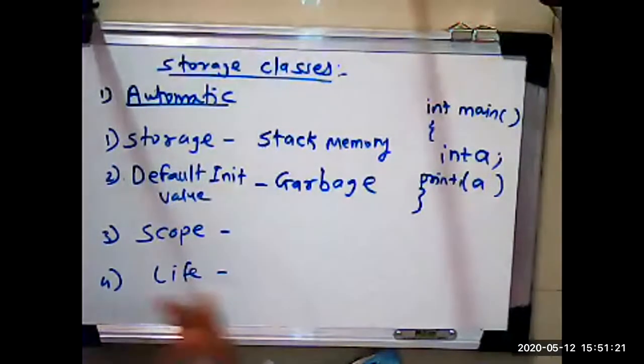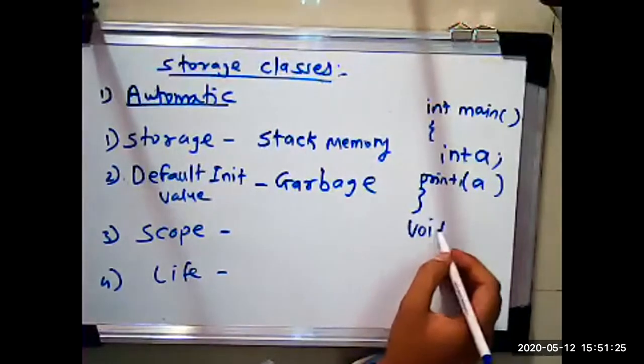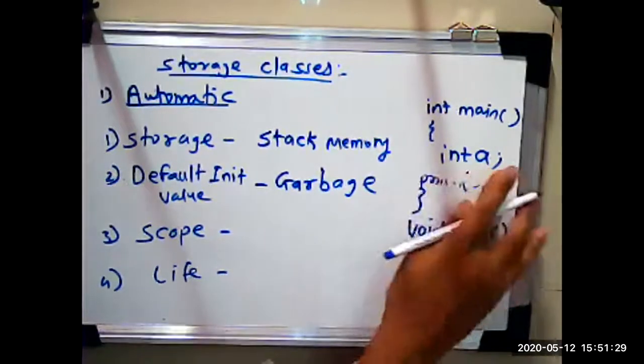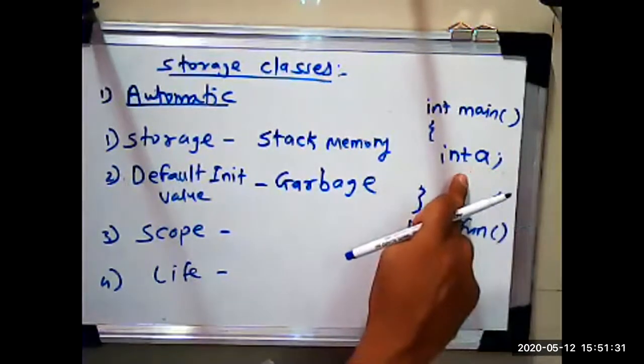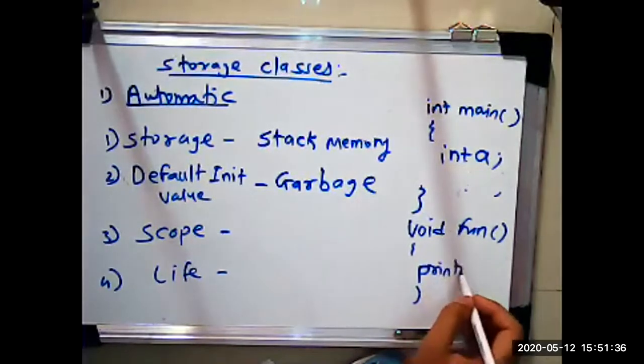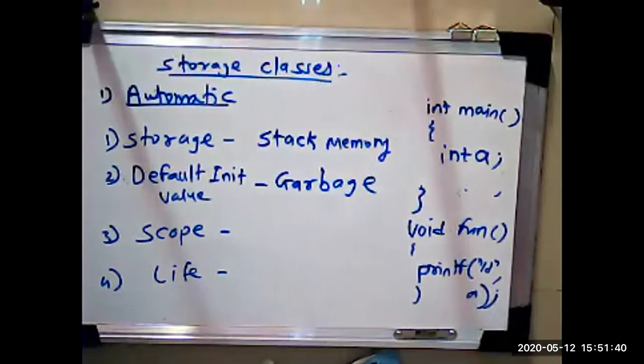What is scope? Scope means, suppose there is one function, void fun, and suppose a is declared in the main function. Can I use that a in the fun function?